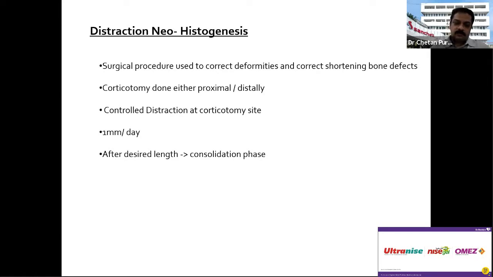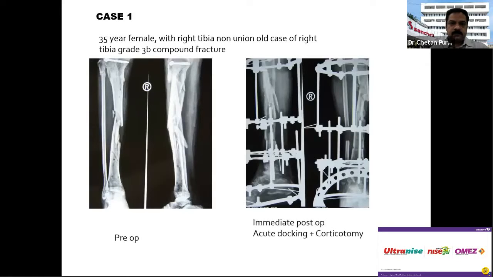Once we achieve the required length, there is a consolidation phase in which the gap that we have created needs to regenerate and become strong enough for us to be able to remove the fixator. I'll come to a few cases and describe the techniques as we go through the cases.